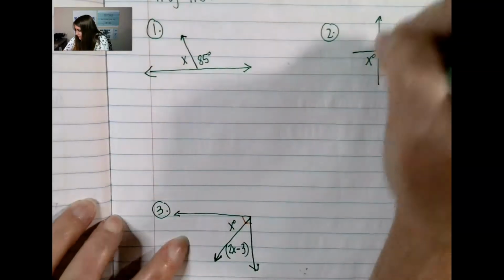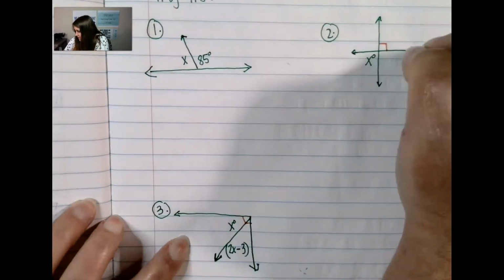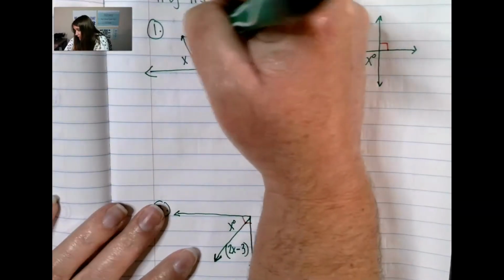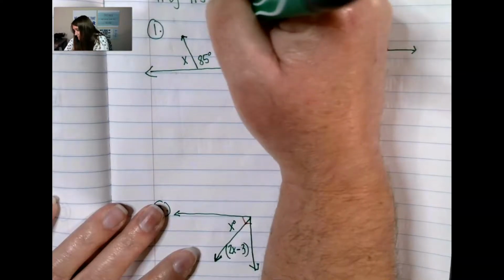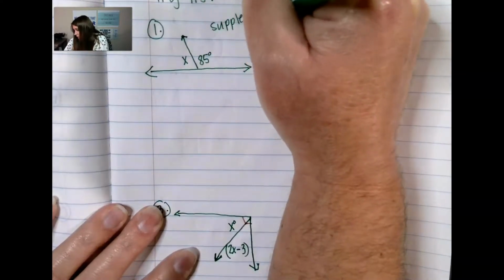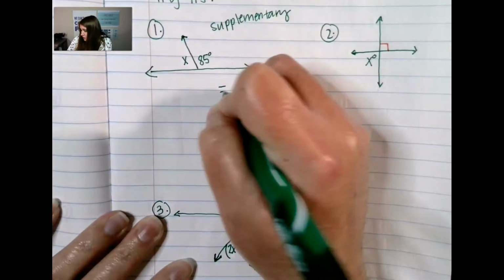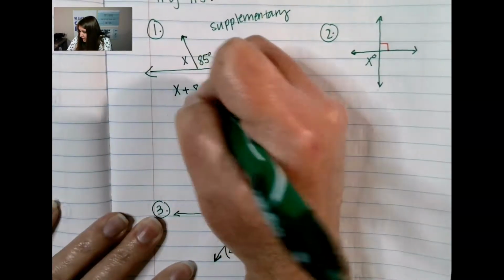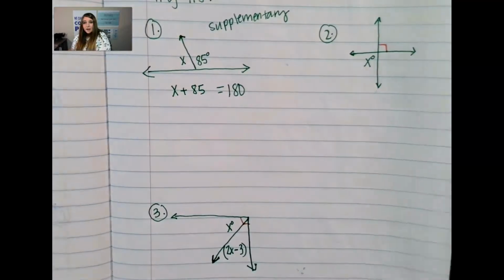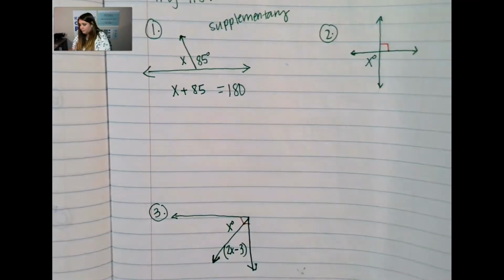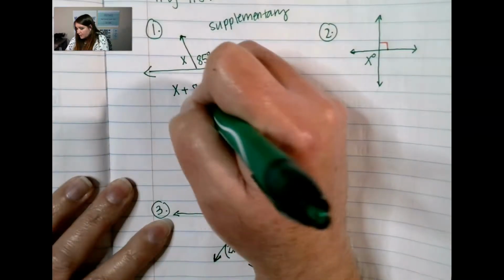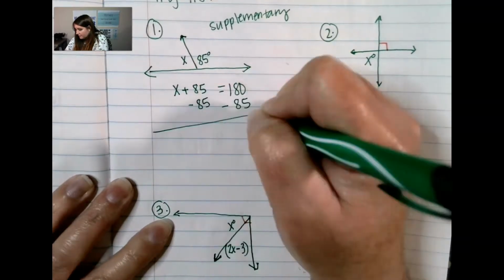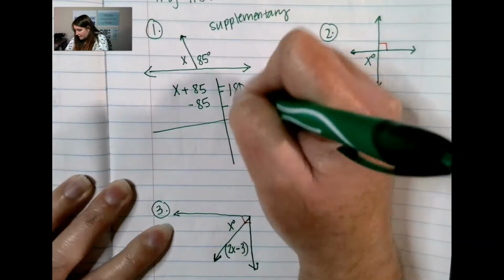Okay. So, first things first. This one is supplementary. So this means that this one is equal to 180 degrees. So we have x plus 85 equaling 180. All right, I need to subtract 85 and subtract 85. Draw my line.